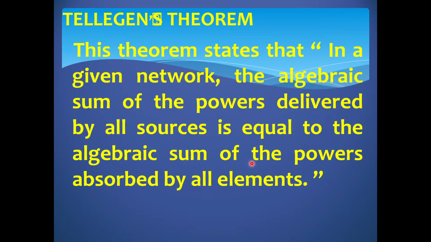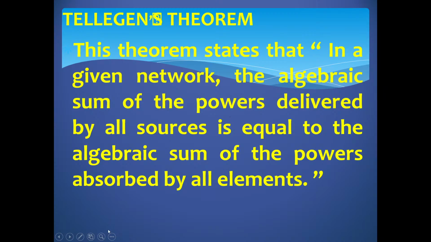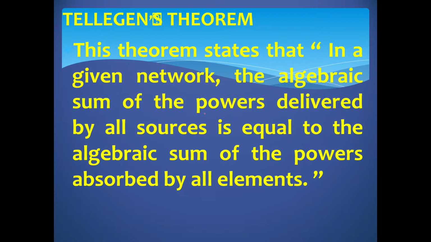To understand that, I don't have any circuit here. So simply try to understand it. Okay, I have a numerical problem. If you go through that problem, you can easily understand. Algebraic sum of powers delivered by the sources is equal to the sum of powers absorbed by all the passive elements.